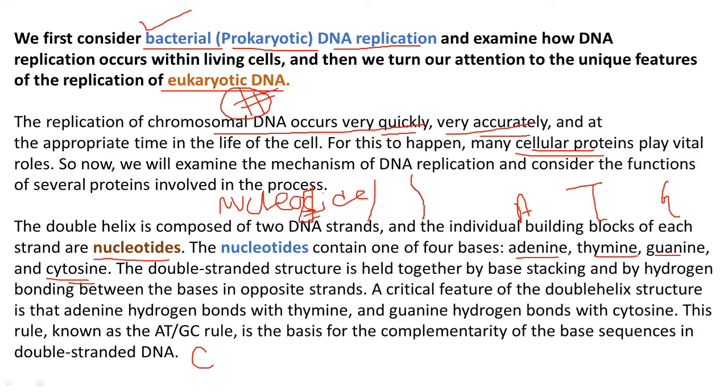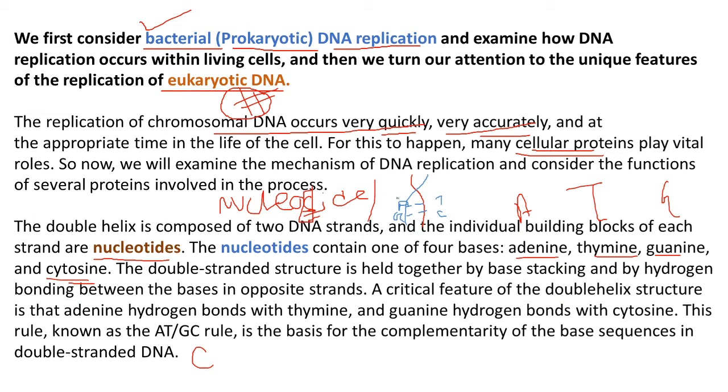If one strand is this, let me change the color, and the other strand is the blue one, then the A, T, G, C, those are the bases arranged in a stacked manner one by one, and those bases create a bond between the opposite strands.